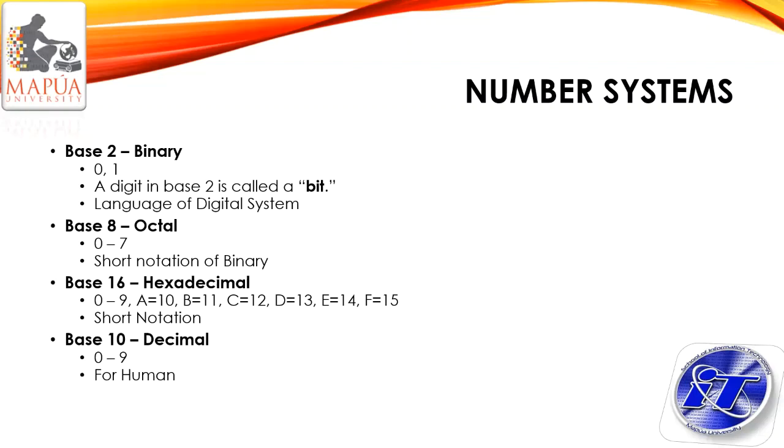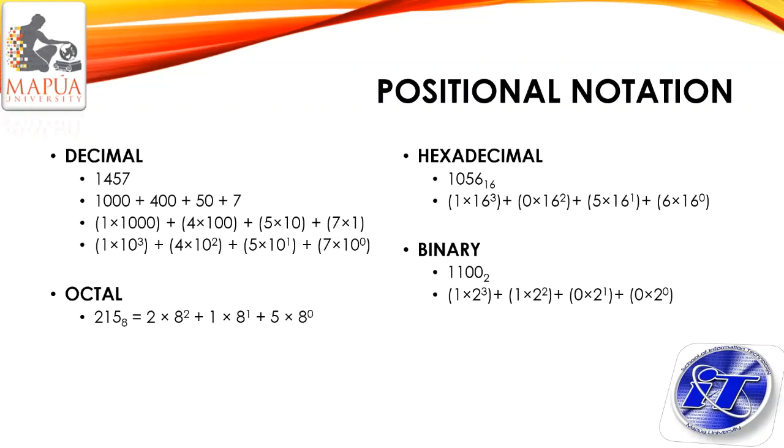Okay? So to differentiate each number system, we could differentiate it through its positional notation. Based on our previous discussion, on the previous slide, in decimal, each position is based on 10.